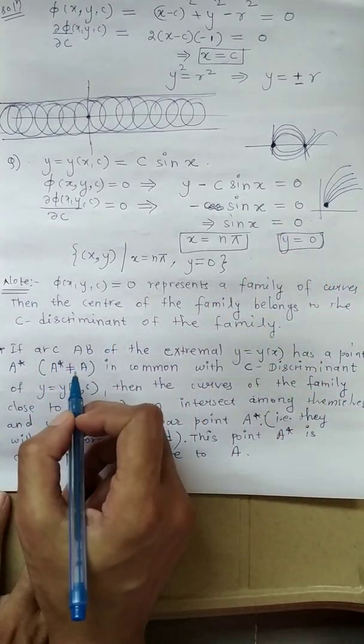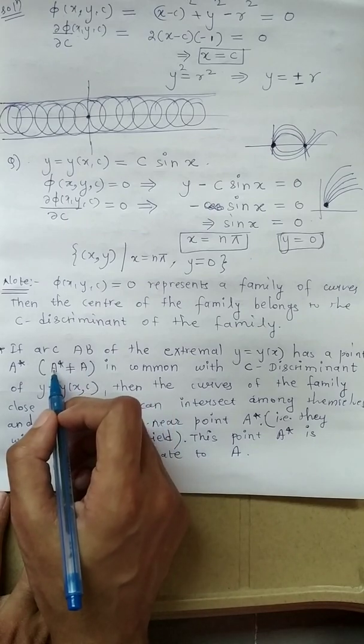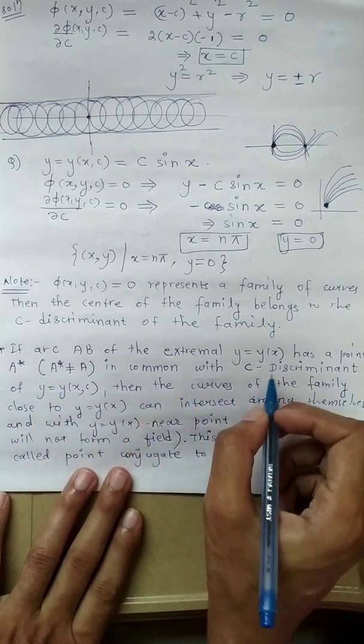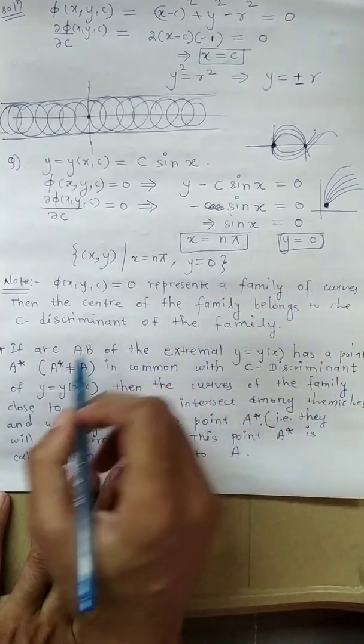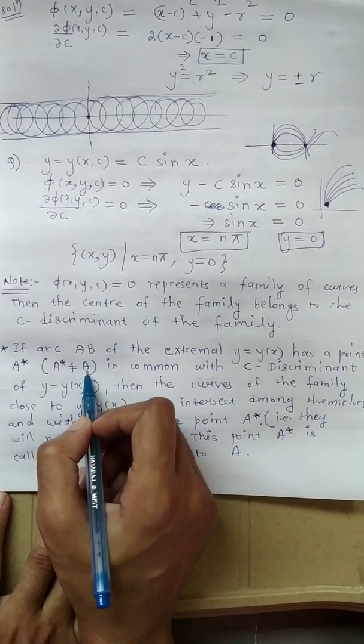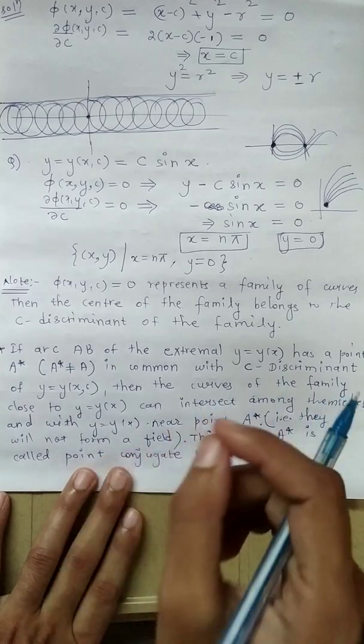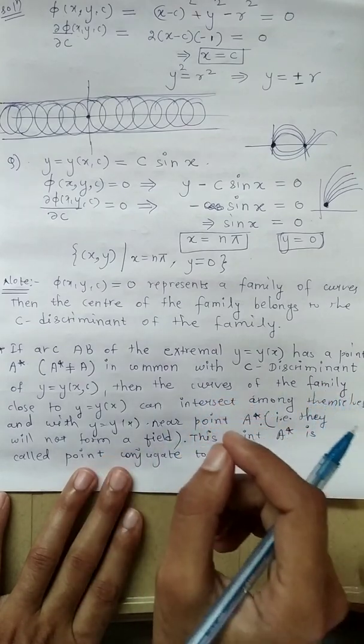So if there is a point which is different from A and it is common with the C discriminant, because as we have already said, the point A, that means the center, will always be there in the C discriminant.